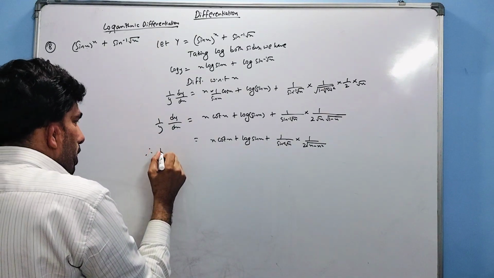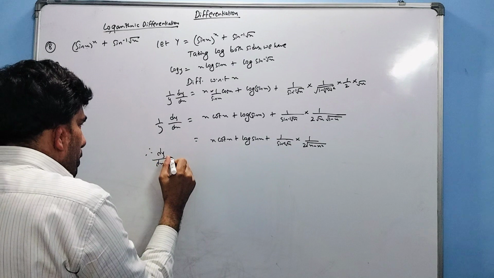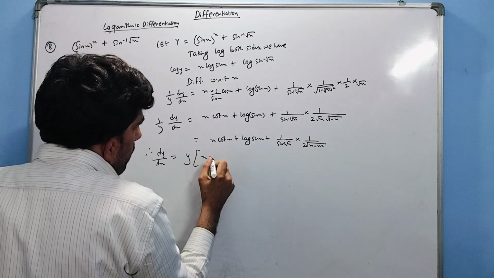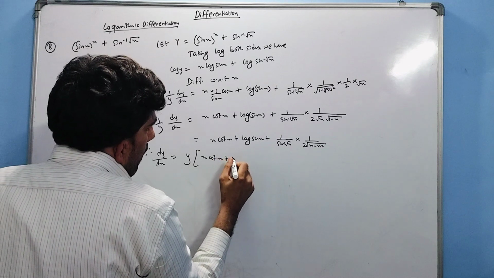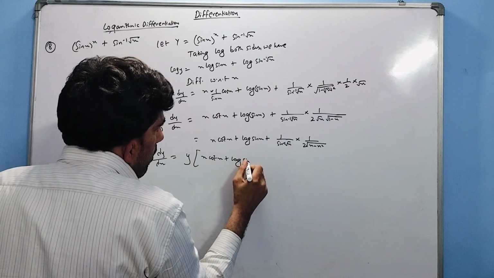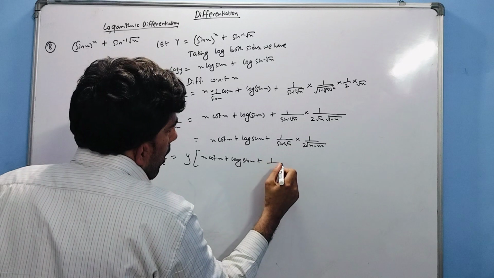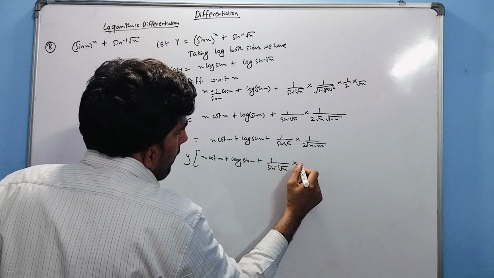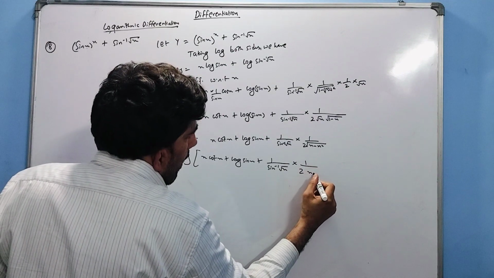Therefore dy upon dx will be y into x cot x plus log of sin x plus 1 upon sin inverse root x into 1 upon 2 into x minus x square.